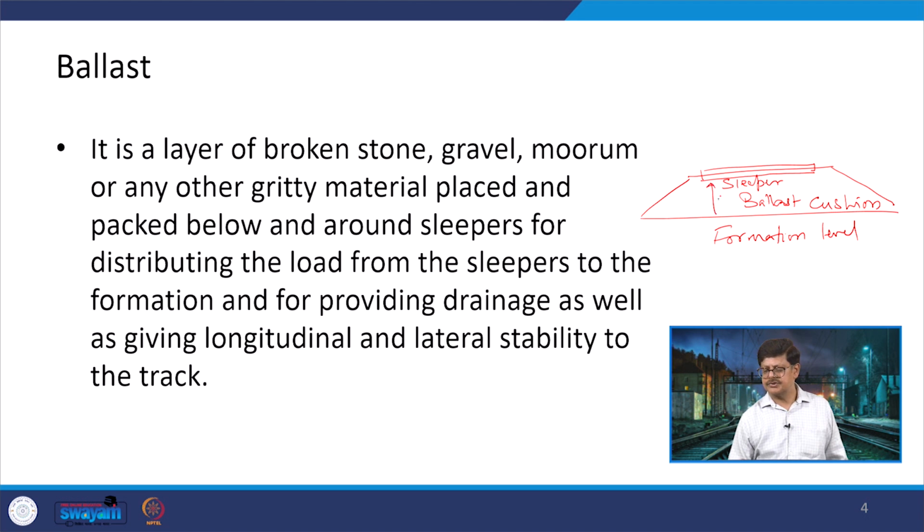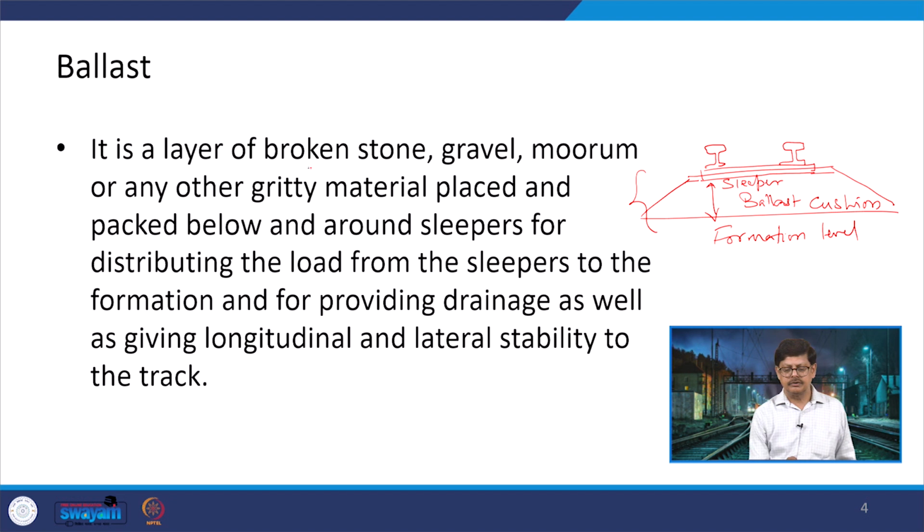So, this is the ballast cushion and there is a packing on the sides, and then at the top of this sleeper we are providing a rail through which the loads are going to be transferred. So, here what we are talking about is this particular portion.